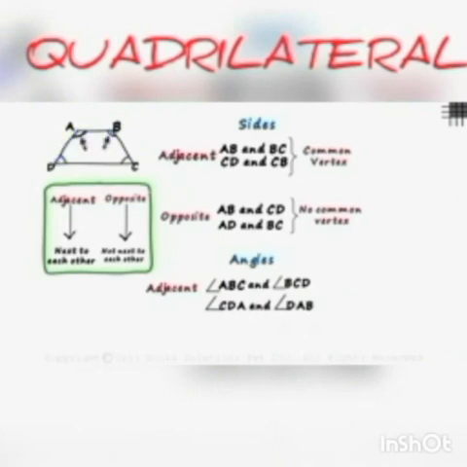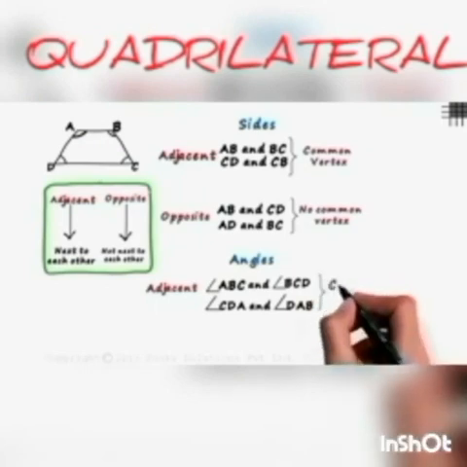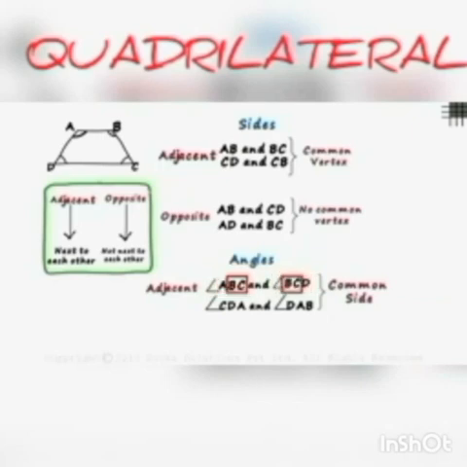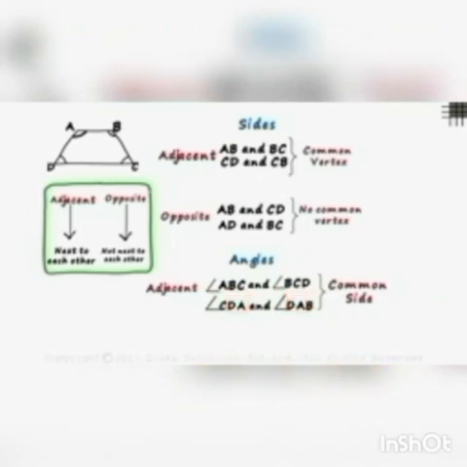Did you notice what is common in adjacent angles? Yes, they lie on a common side. Here, angle ABC and angle BCD have BC as the common side. Here, AD is the common side.